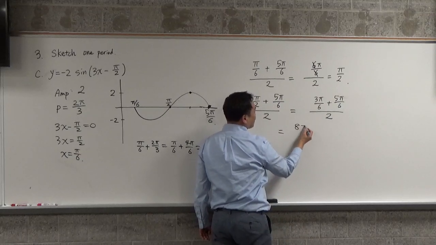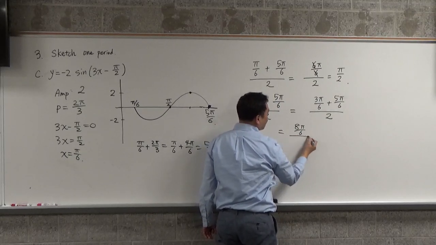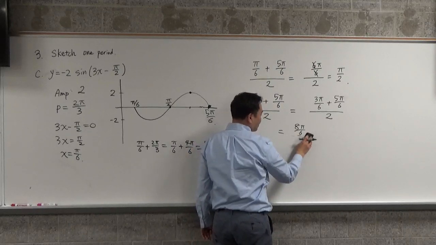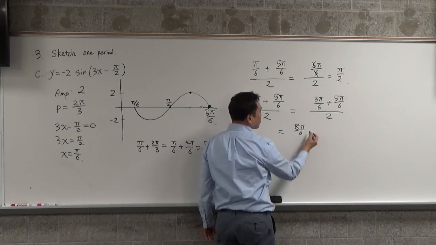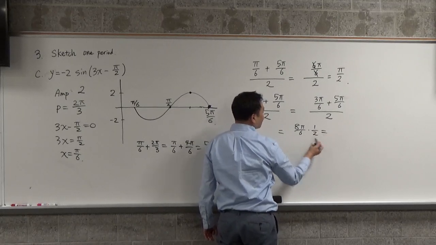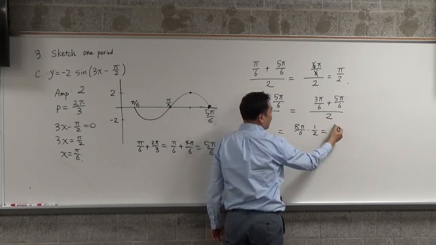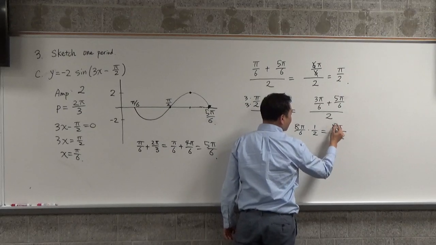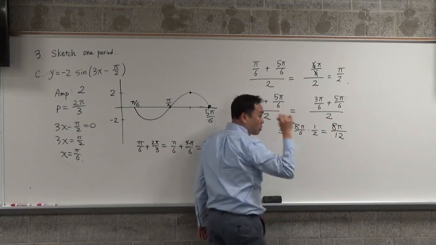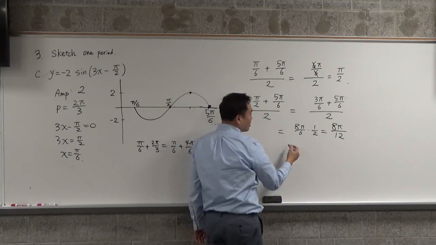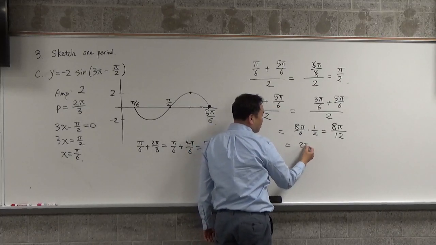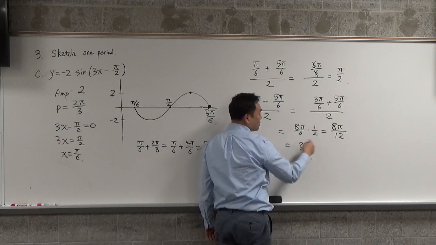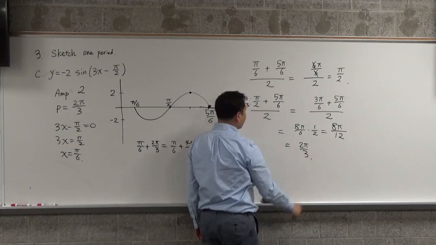That's 8 pi over 6 divided by 2. Or let's rewrite this as times 1/2. Multiplication is top to top, bottom to bottom, so it's 8 pi divided by 12. But now we see that both 8 and 12 are divisible by 4, so it's going to be 2 pi over 3. 8 divided by 4 is 2. 12 divided by 4 is 3.